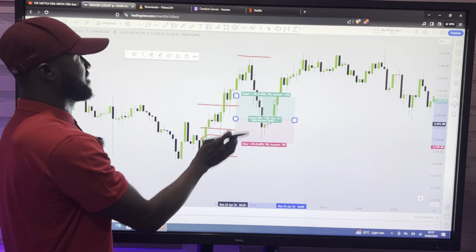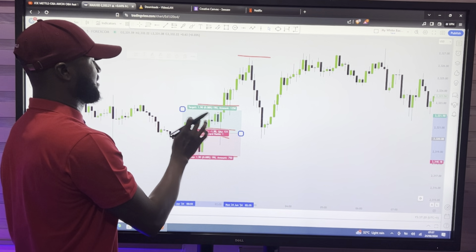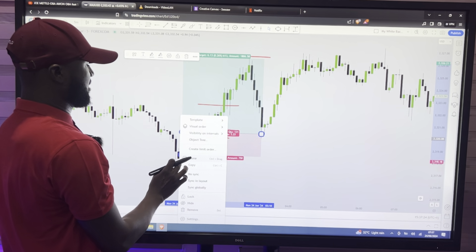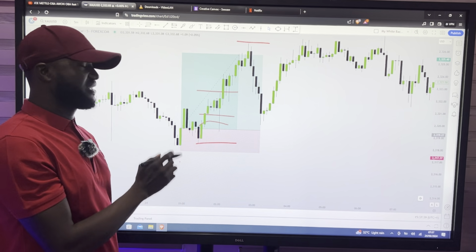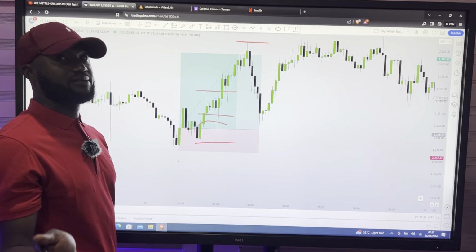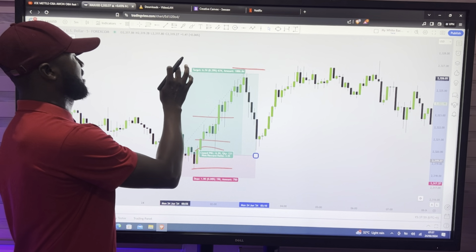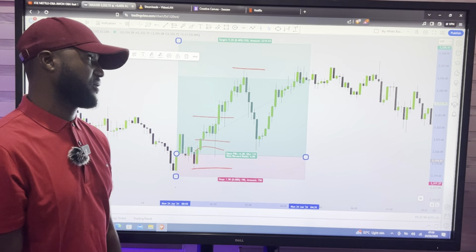So let's say you're taking the trade from there. Let's have it properly here. You are taking the trade from there, and your stop loss is going to be right below here, just a typical example. And maybe you may be targeting somewhere up above, not really sure where, just an example anyway.